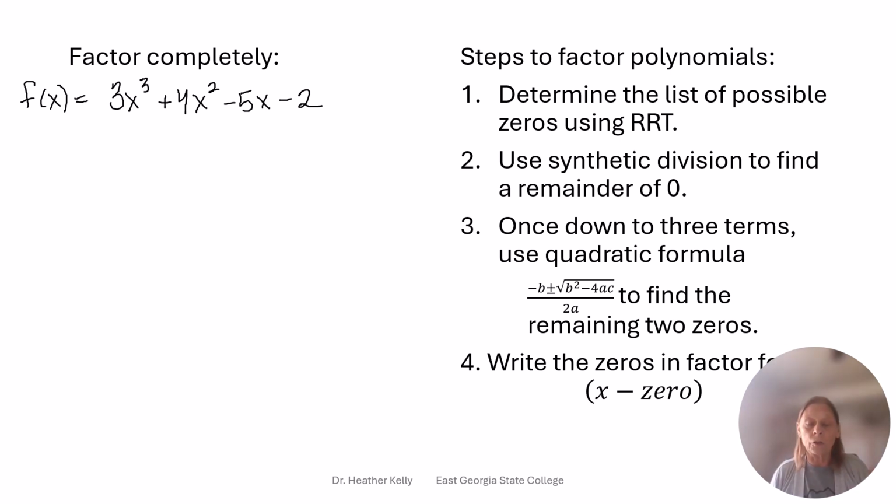So what we're going to do is use the rational root theorem, produce a list of possible zeros, and use synthetic division to get it down to the point that we can finally use the quadratic formula. Because remember, we could use the quadratic formula if this wasn't to the power of 3. Now there is a formula like the quadratic formula for cubic equations, and there's even one for equations to the 4th and 5th power, but they are huge equations.